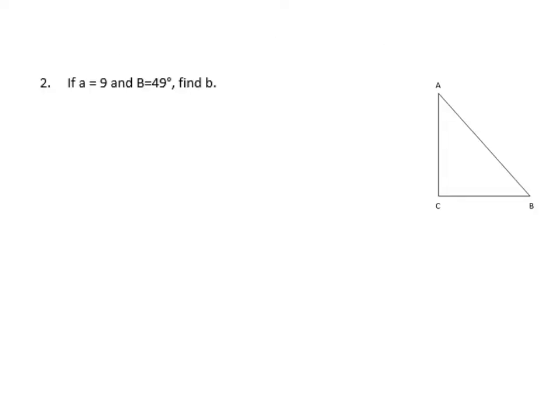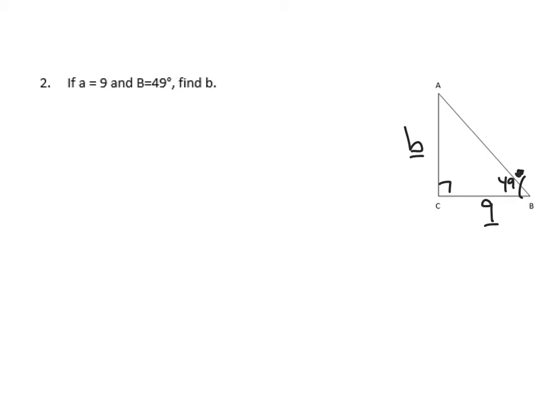Okay, you've got to draw yourself a new triangle. So A is 9, across from angle A, side A. Angle B is 49 degrees. Find side B. So looking from the angle that we've been given, what 2 sides are in play?